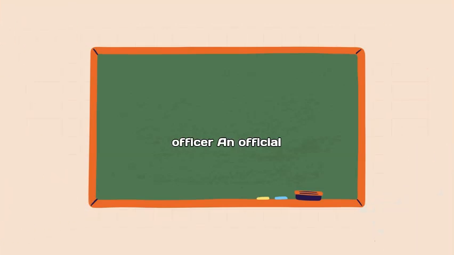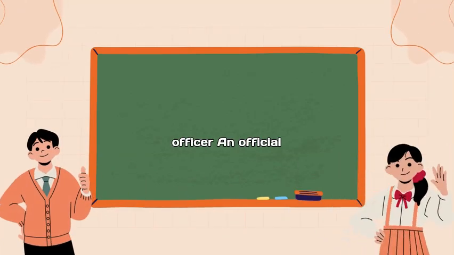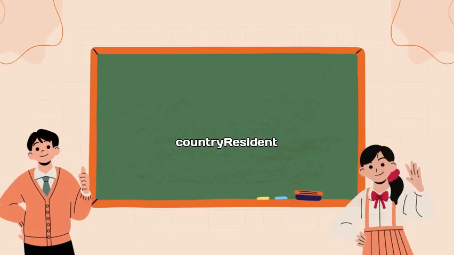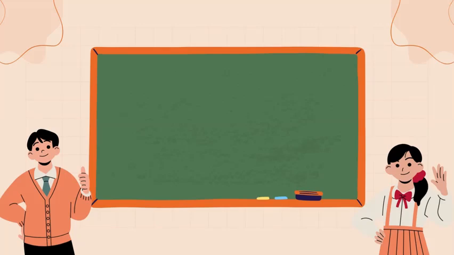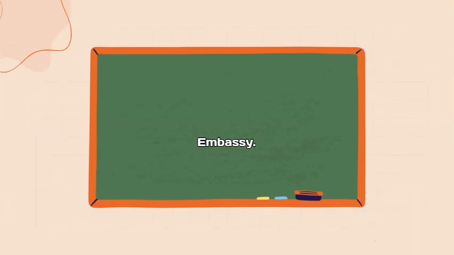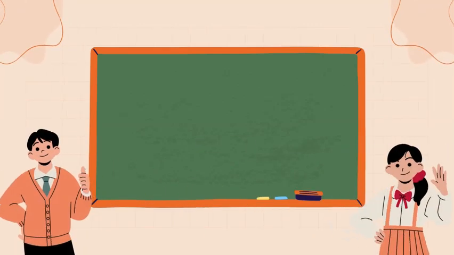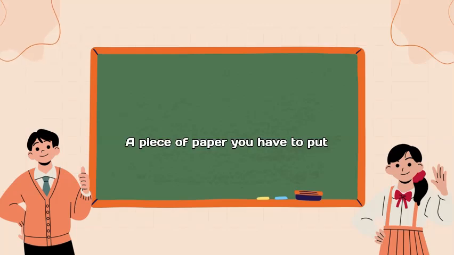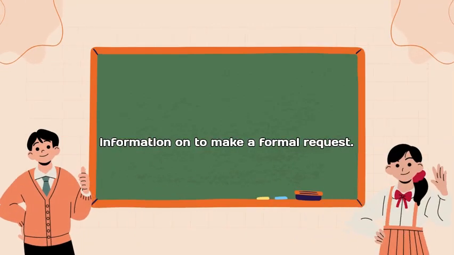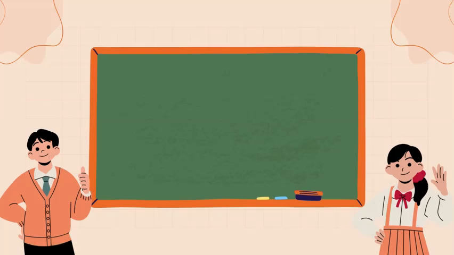Visa officer. An official document that allows you to live in a country. Resident permit. Embassy. A piece of paper you have to put information on to make a formal request. Application form.